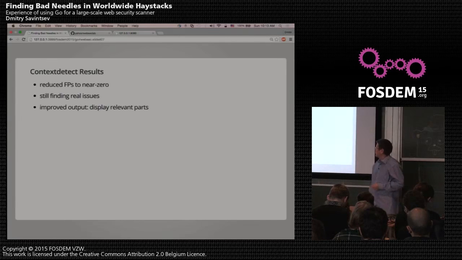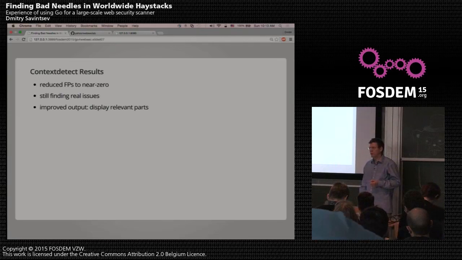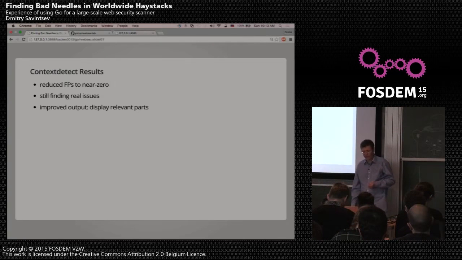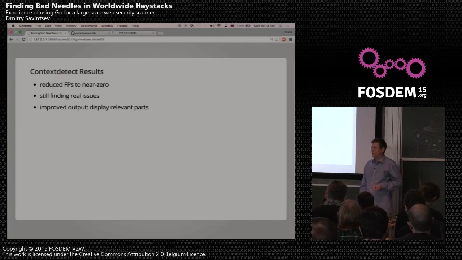As a result, we reduced the false positive rate in the scanner to almost zero, and that was a big relief both for us paranoids who have to deal with the output, and also for the developers and QAs who use this. And it's still finding the real issues, as we checked with the WebSec lab.